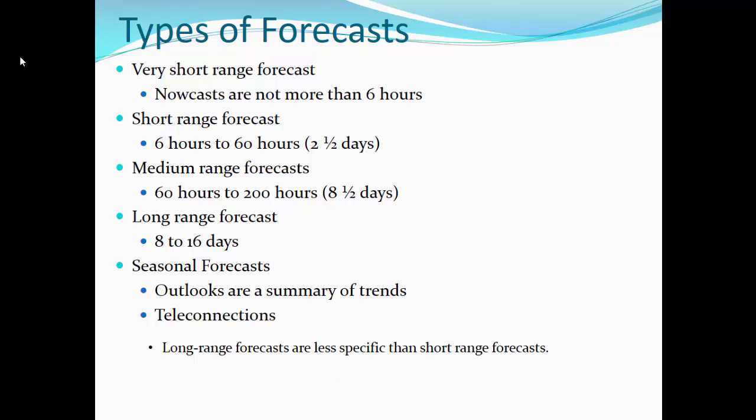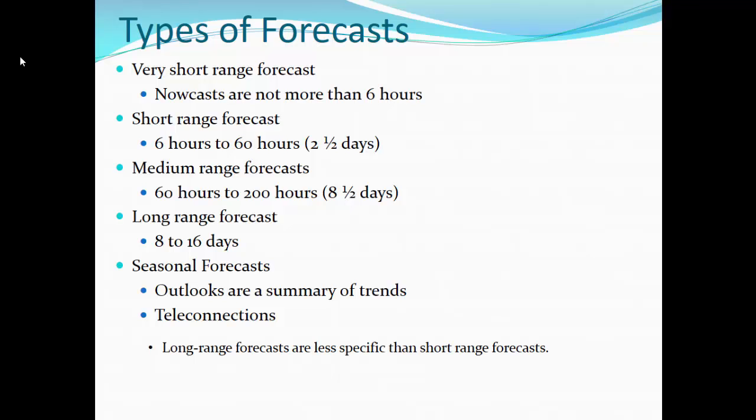And we do want to note that those long-range forecasts are less specific than our short-range forecasts. So our nowcasts can be very, very accurate, where our short-range forecast can be great, up to about 1.5 to 2.5 days. And then as you start to talk about the medium range and certainly the longer range forecast, you get much lower accuracy in the forecasts.